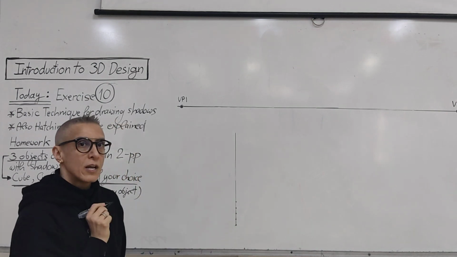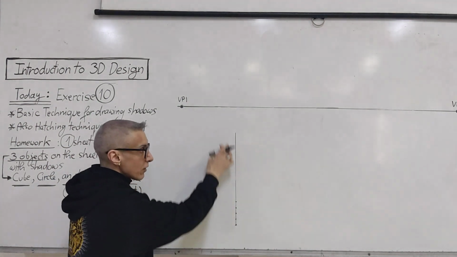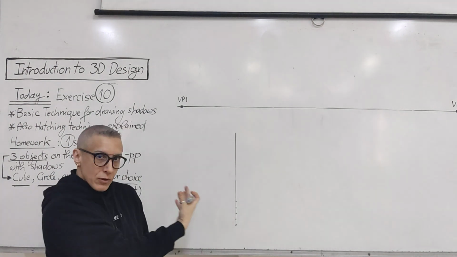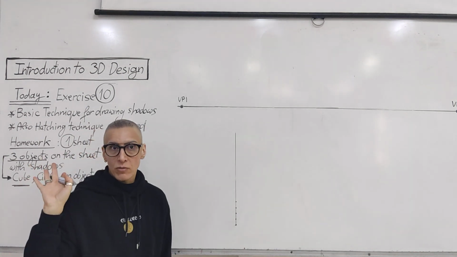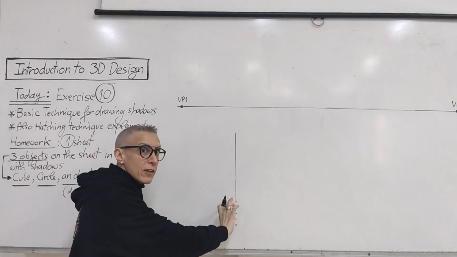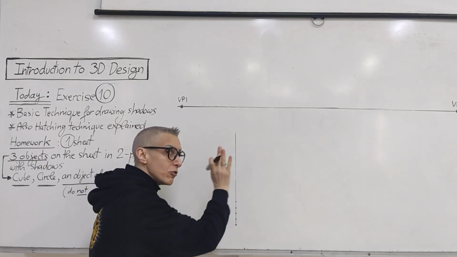Okay? Now, this is the first edge, the one that is closer to us. This is the only place we will put measurements, just to get the cube right from the start. The rest is by division. Okay?